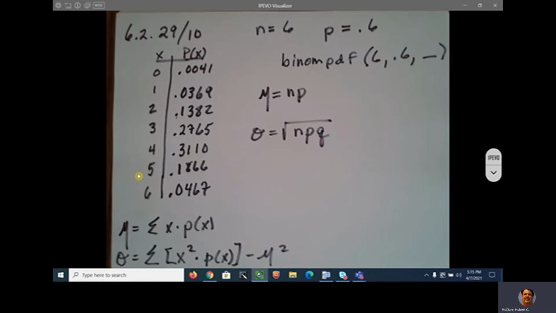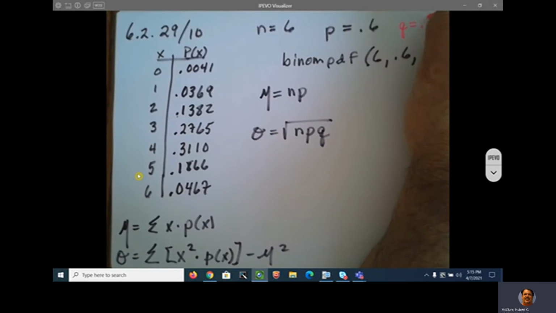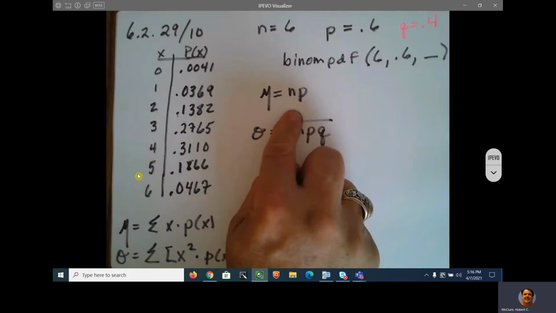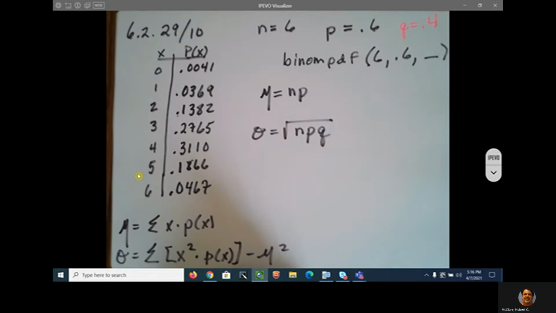Well, you need q, so go ahead and put q up here. q is equal to 0.4 because that's the complement to 0.6. So you can do this on the calculator and you can do this by hand. I'm going to do it by hand because I think most of you can do this on the calculator now, and it should match up with what I do by hand.